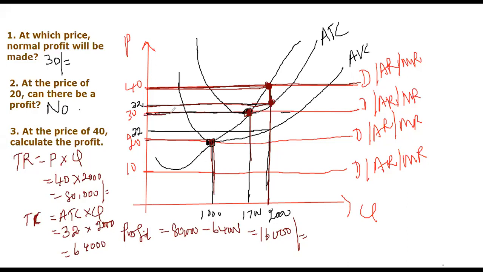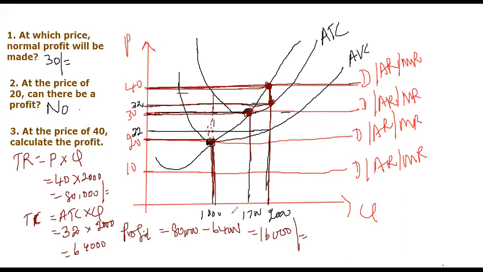For 30 rupees you get the TR, 30 into 1700. But for 20 rupees, okay, TR, how to find the TC? For the quantity, how to find TC? Go up, the line cuts the ATC here. That into 1000.